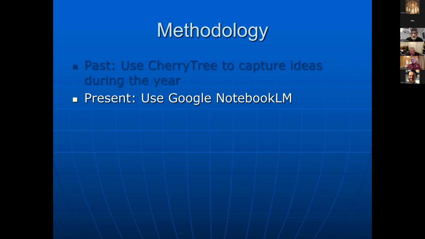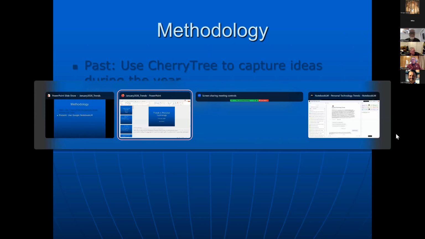This year, it was in the Tech for Seniors podcast that I saw a reference to this thing called Google Notebook LM. And I said, what is that? So I went in, and actually I can show that to you.